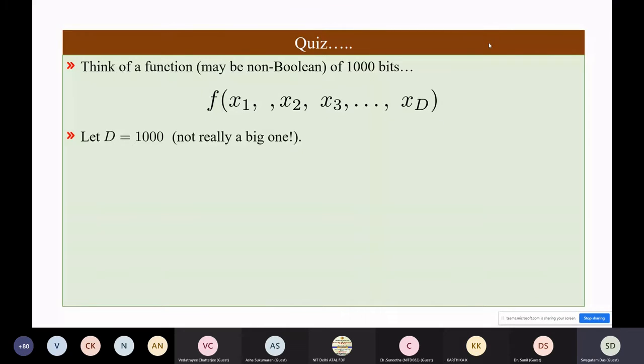But if you have 1,000 Boolean variables, x1, x2, x3, x4, up to x1000, and your function is a function of 1,000 Boolean variables, not really a big one, this is a very pertinent problem. In fact, if you try to solve the feature selection problem for classification using an evolutionary or swarm algorithm, you will have to create a binary string of zeros and ones.